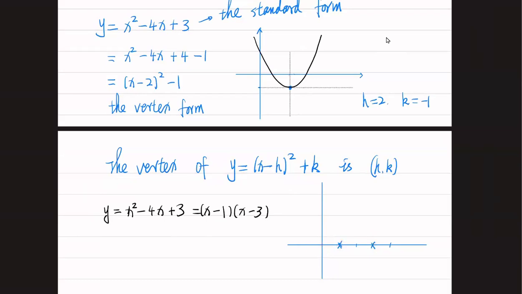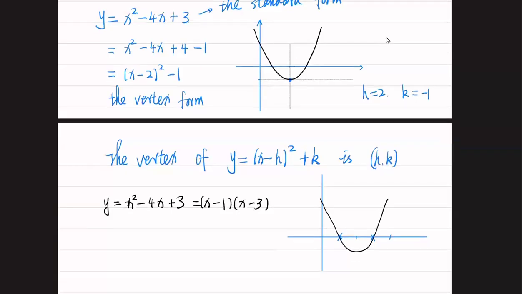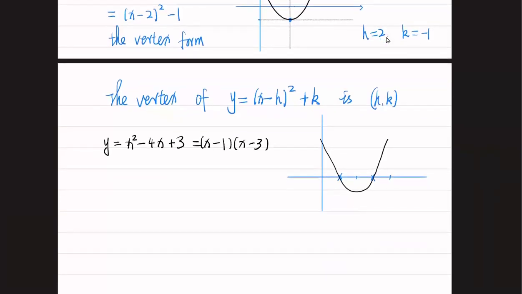The graph will be something like this. A second way to graph this. Okay, with this, we want to solve the following inequality.